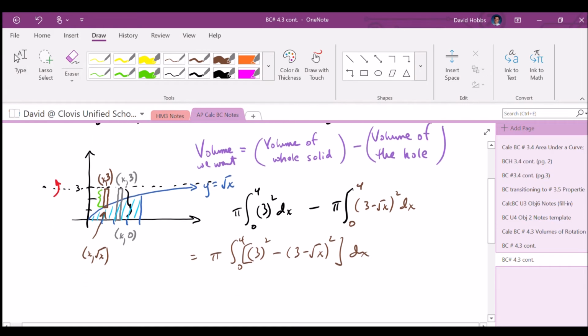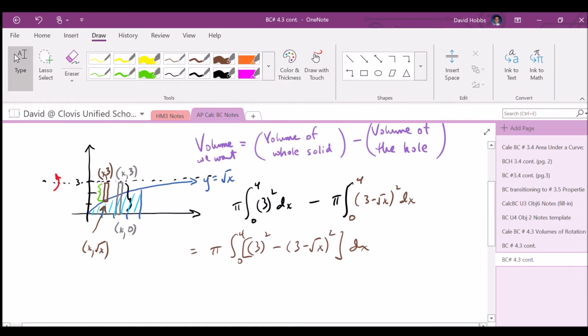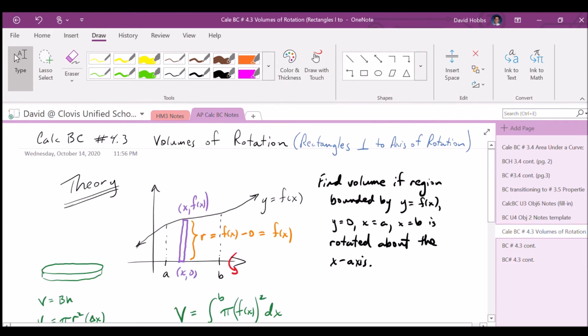Okay, now we want to generalize what we're doing here. When we have perpendicular rectangles, but the rectangles aren't completely in the region when they are touching the axis of rotation, what do I mean by that? Look back to the beginning, the theoretical one.